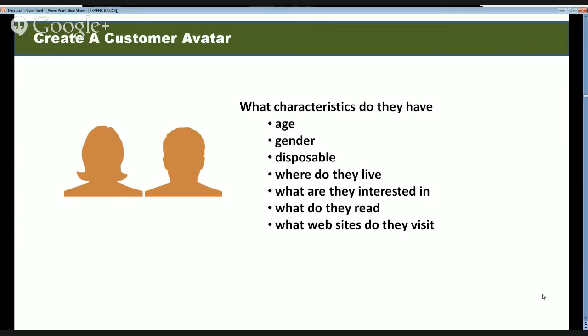Now, once you know what websites they visit, you can go in and look and use two different websites. One is alexa.com and the other is similarweb.com. And what you can do is you can go in and you can see exactly what the characteristics are of the people that go to that site. And in fact, SimilarWeb will suggest other similar sites.